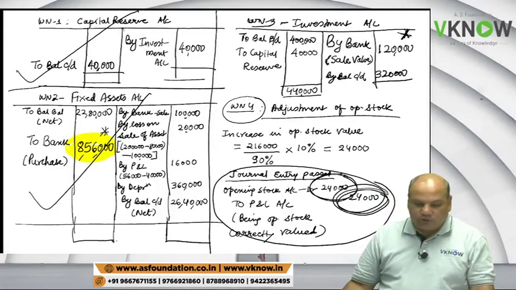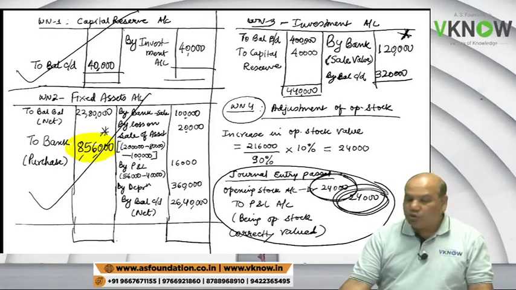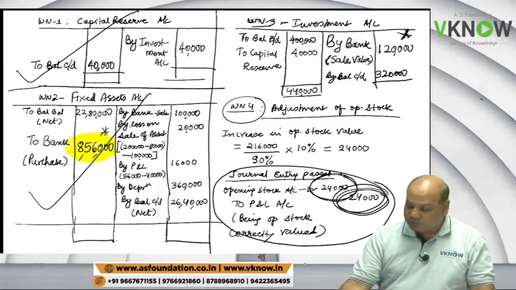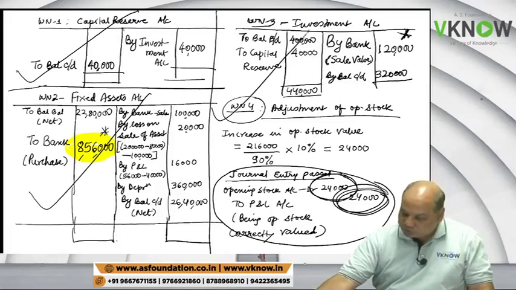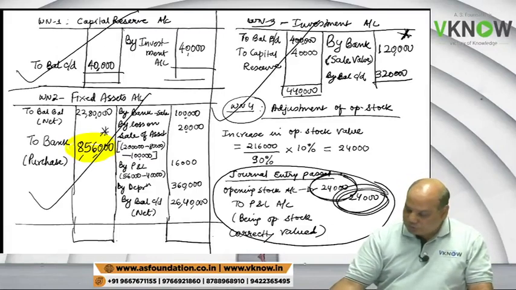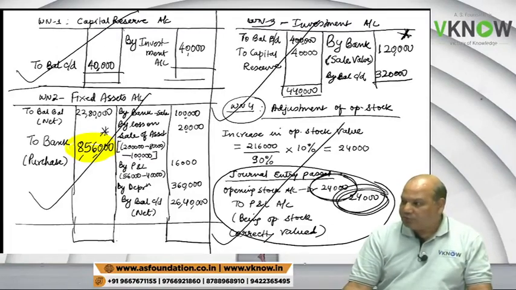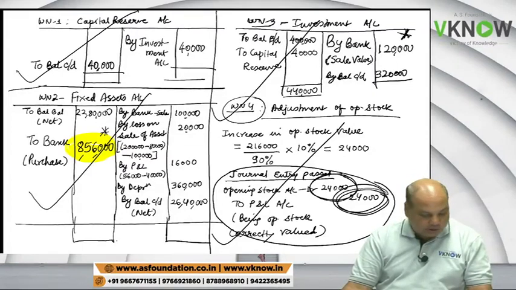Check the answer. Is it right? Investment sold for rupees 1,20,000. So this is also tallied now. All working notes we have tallied. How is it a sale? Oh my God. It is written in the question also.